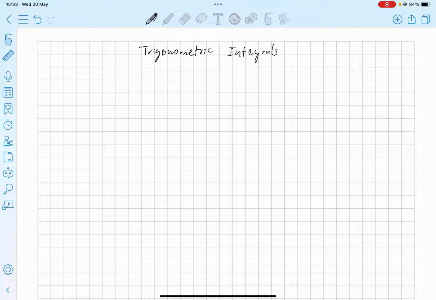First we will look at integrals of trigonometric functions, beginning with powers of sine and cosine. We will recall some of the basic equations about trigonometry. The first one you guys will be really familiar with: sine squared theta plus cosine squared theta equals 1.